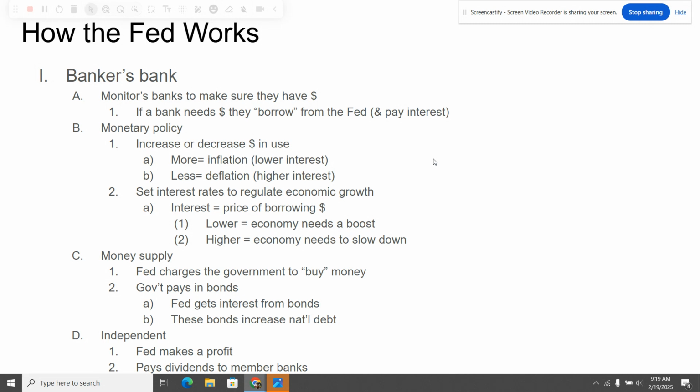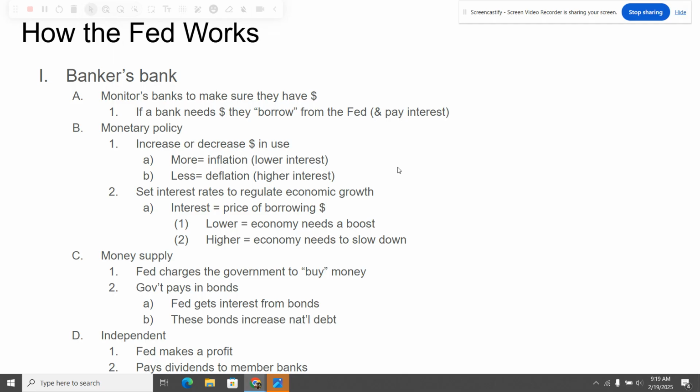At the same time, they will lower the interest rates to encourage people to borrow money and to spend that money to stimulate the economy to grow and get bigger.